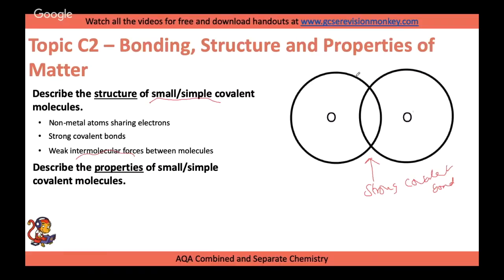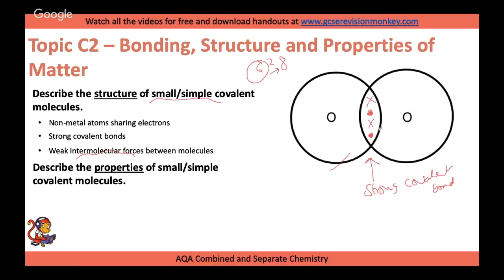You only draw the outer shell electrons, and oxygen is in group 6. So it has 6 outer shell electrons, and it needs 2 more. So if it needs 2 more, that's where we start in the middle. Draw 2 shared pairs of electrons. We're going to draw one with dots and one with crosses. So it's got 6, it needs 8, so it needs 2 more.